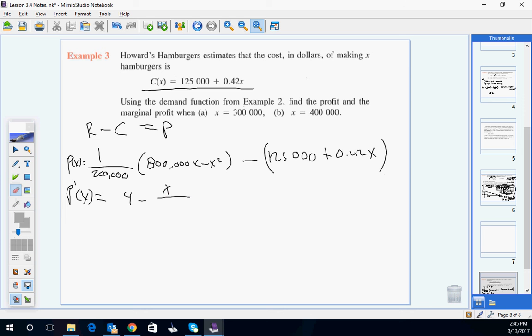So I took the derivative. 800,000 divided by 200,000 is 4, so this is technically 4x. The derivative of 4x is 4. The derivative of x squared is 2x, so it'd be 2x over 200,000, which is 1 over 100. I just simplified the fraction.